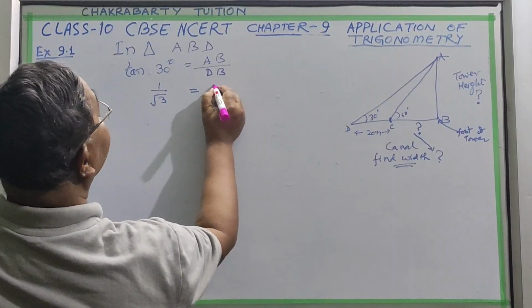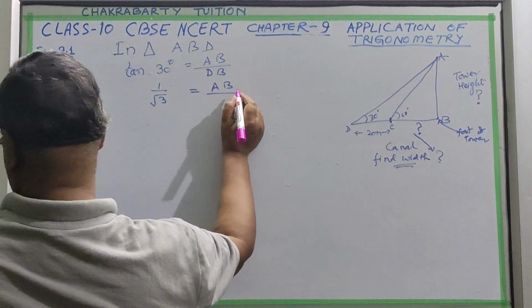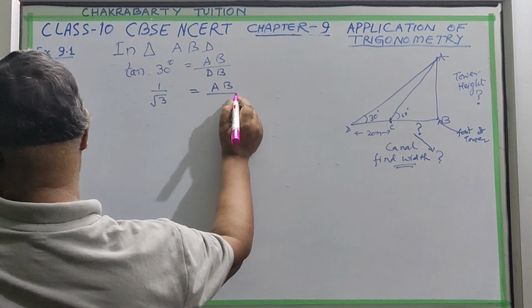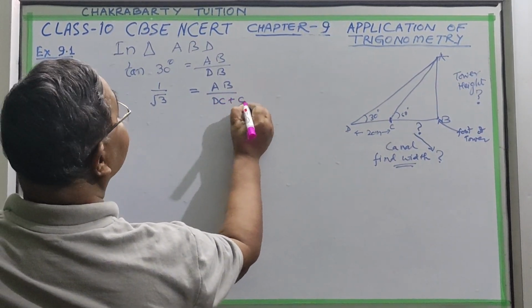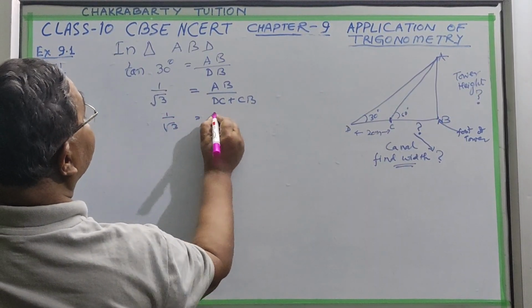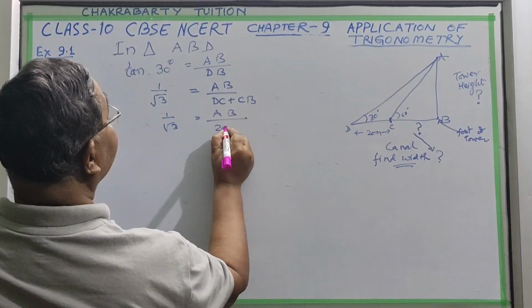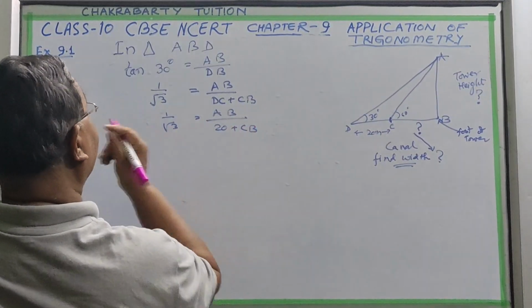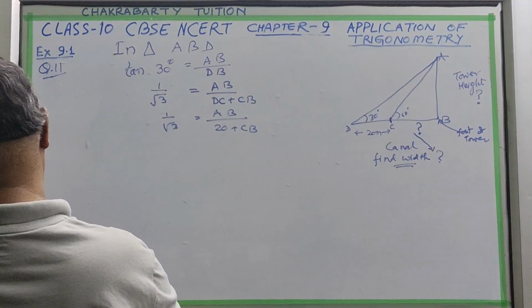AB is not given, and DB we can write as DC plus CB. So 1 upon under root 3 is equal to AB upon DC, which is 20 meters, plus CB.